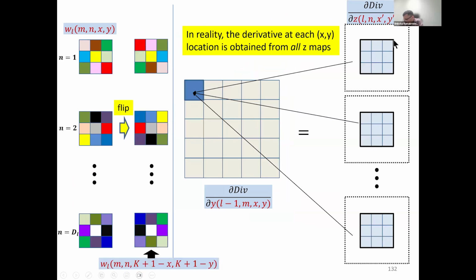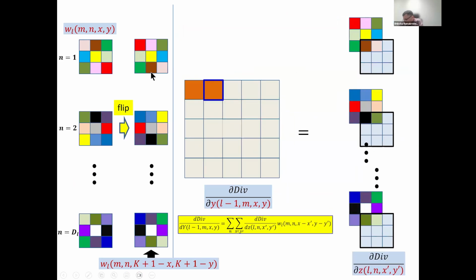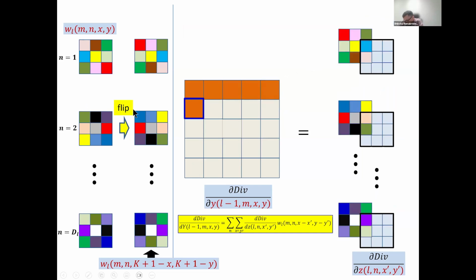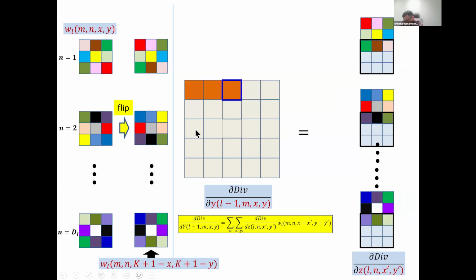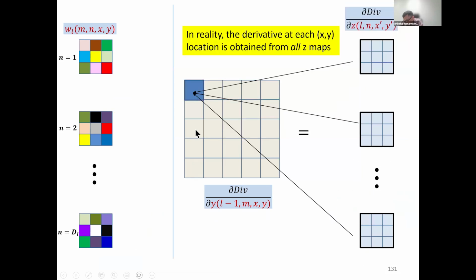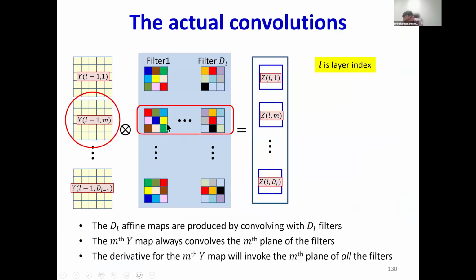You're going to zero pad these. And each of these filter channels is going to be transposed, flipped left to right, top to bottom. Then you convolve with the flipped filter, which is going to have as many channels as the number of output maps. That's because we chose the mth channel for all of the filters, and the number of filters is the number of output maps.